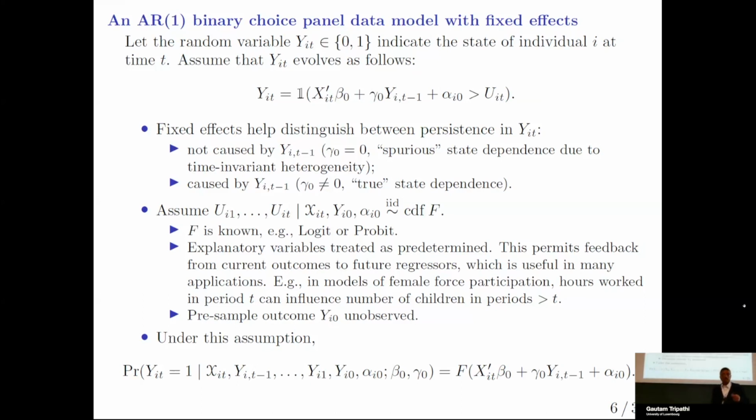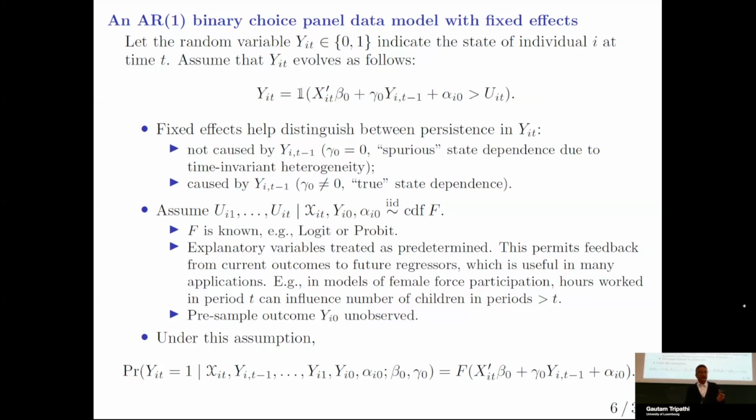Okay, so why are fixed effects important in these models? At least for economists, fixed effects are important. It is important to incorporate these unobserved random variables in your model because they allow you to distinguish between the sources of persistence in your outcomes.